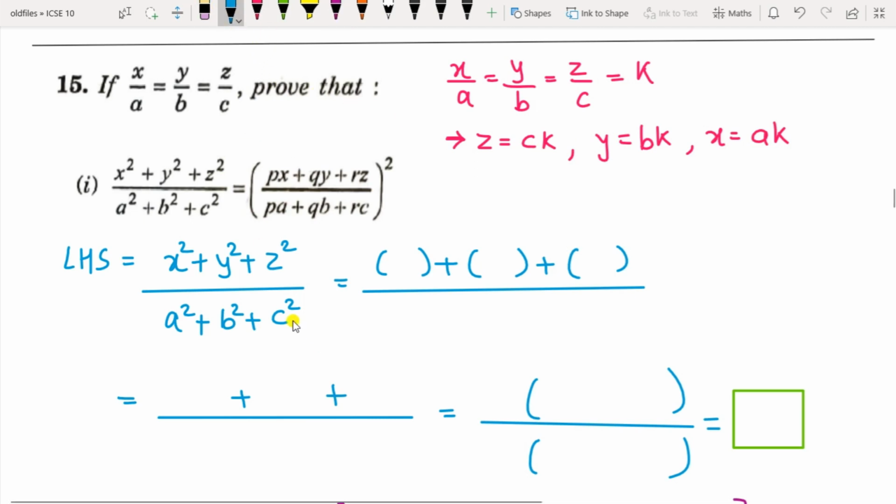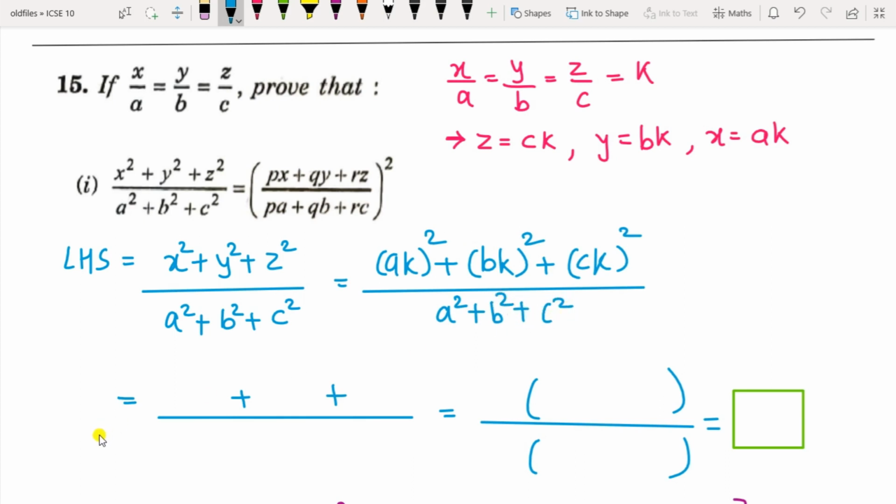So here x is ak square, y is bk square, z is ck square, the whole upon a square plus b square plus c square, right? So this will be a square k square, take the square to each of the terms, b square k square and c square k square upon a square plus b square plus c square.